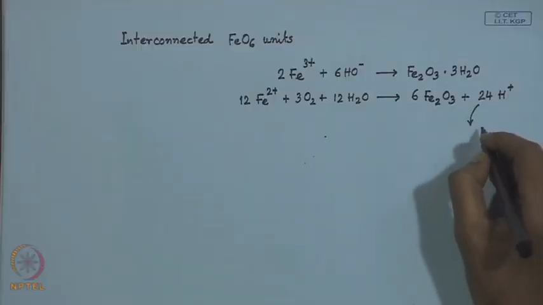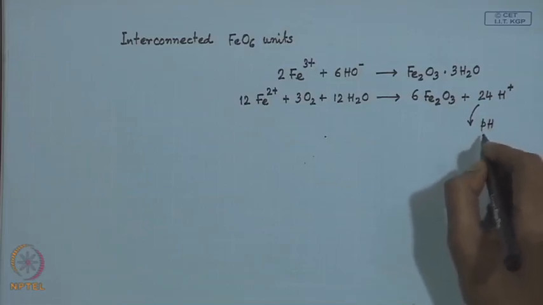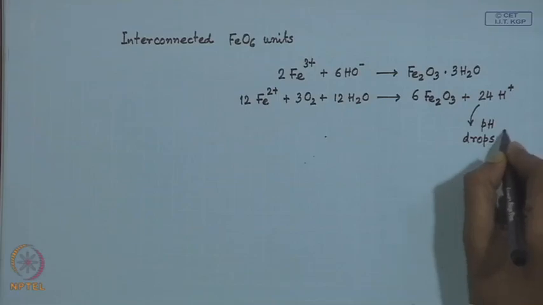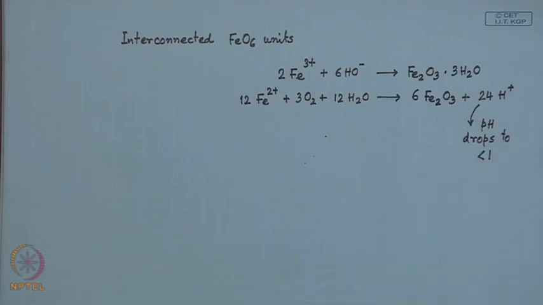So, within the cell, due to the liberation of this number of protons, the pH sometimes drops to less than 1. The medium is so acidic in nature that this particular proton can control the formation of the corresponding ferritin core.